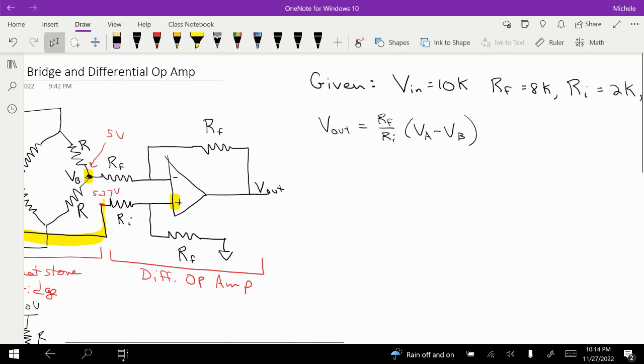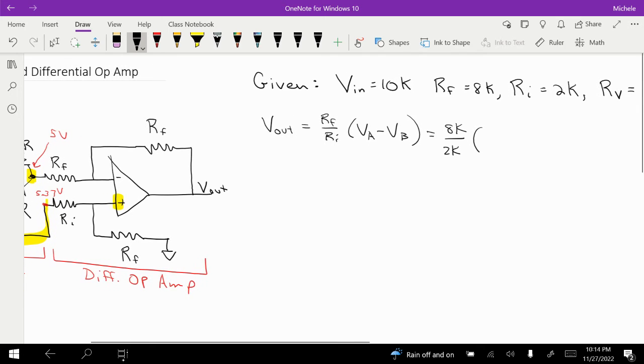And if we plug in, we get 8K divided by 2K times 5.37 volts minus 5 volts. And multiplying that through, we get V out is equal to 1.48 volts.